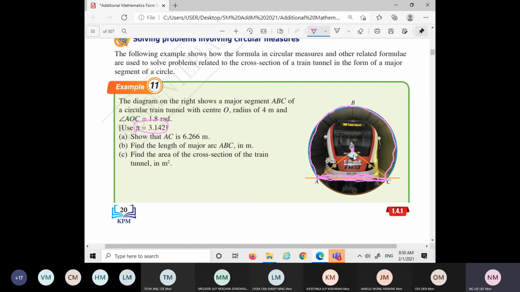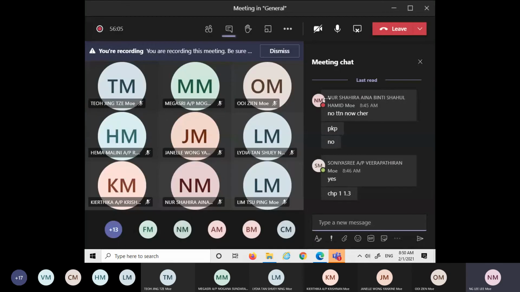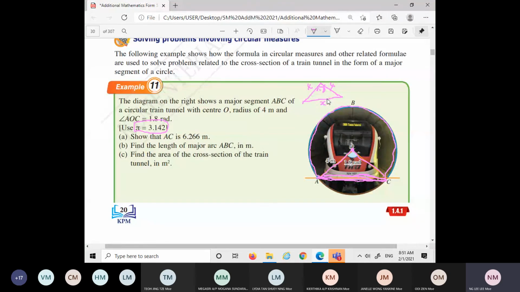You look at this triangle, concentrate on this triangle. Here is 1.8 radian. This is 4. This is another 4 because of radius. They want you to find this length. Let's say I label as AC. So you see or not? 3 lengths and then 1 angle. What rule can you use? Cosine. Okay, very good, cosine. But before you use your cosine rule, the 1.8 you got to change into degree.